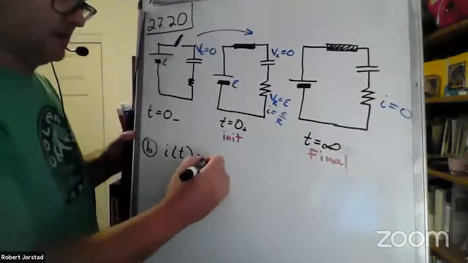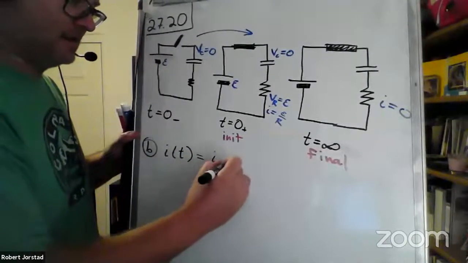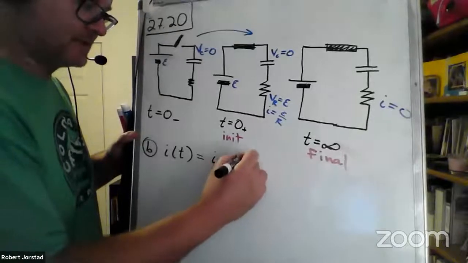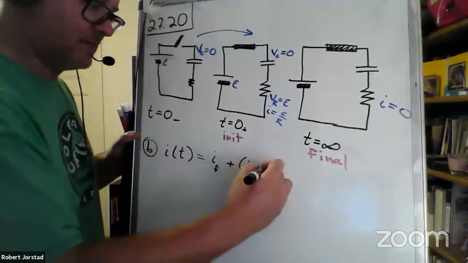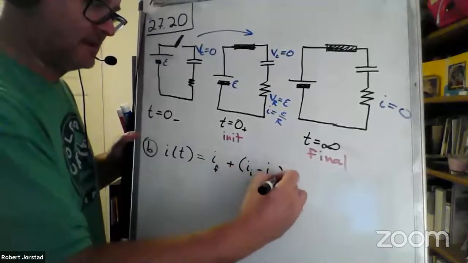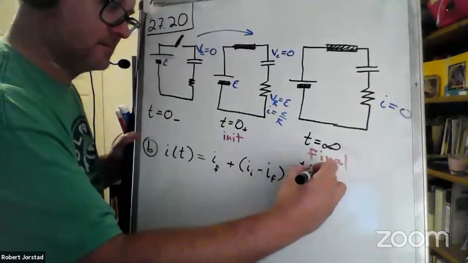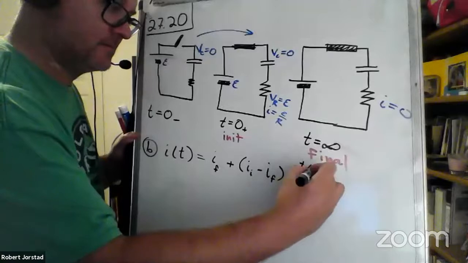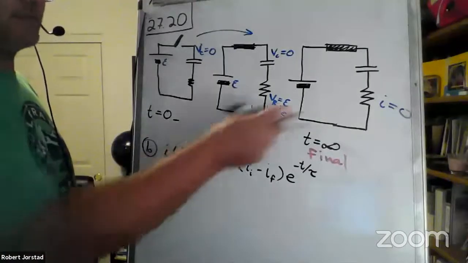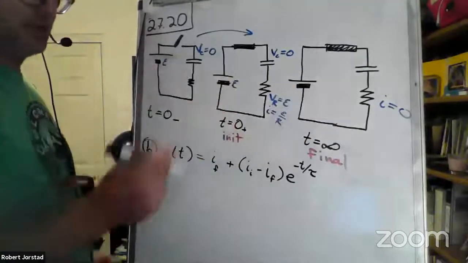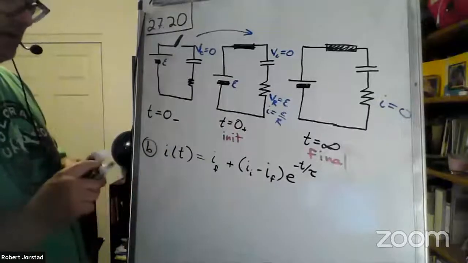It's equal to I final plus I initial minus I final times e to the negative t over tau. In this case, I get the finals from here, and so the final is going to be 0. That's sweet.